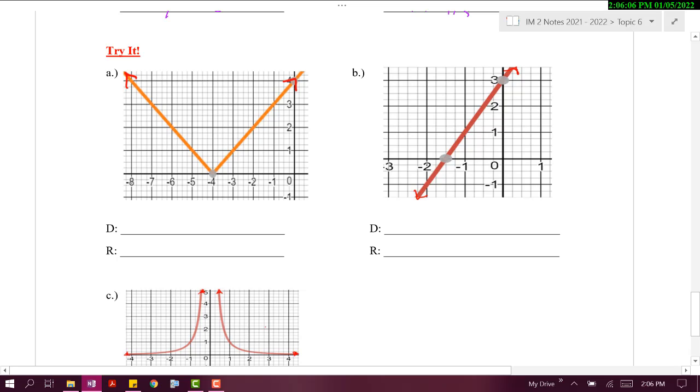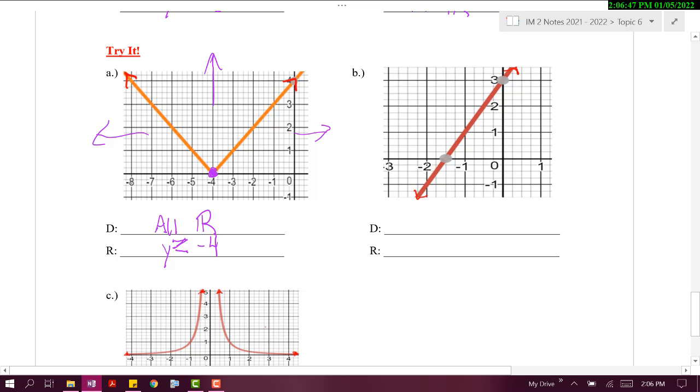Letter A, our absolute value function. The domain, well, it goes all the way to the right, goes all the way to the left. So again, that's all real numbers. But our y's, no, they don't go all the way up and all the way down. They go all the way up, but they stop at -4, or really start at -4, I suppose. So all the y values are greater than or equal to -4 because there wasn't an open hole there.